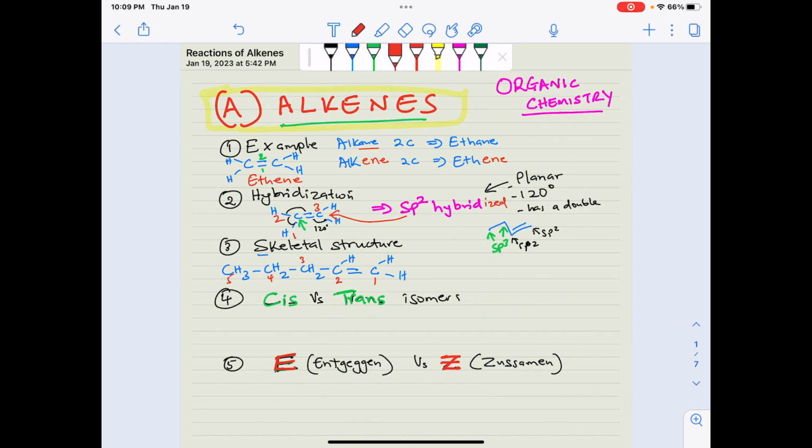We can actually draw a more summarized format, a condensed format. So we call it a skeletal structure, where we only show lines for carbons.